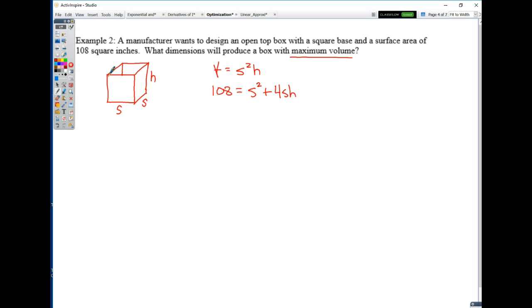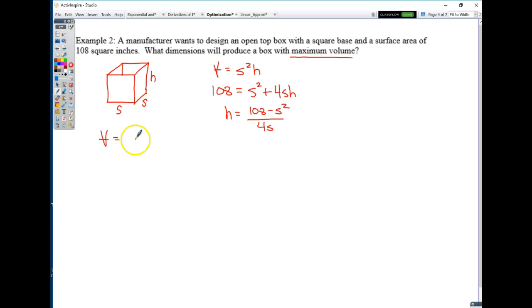But I don't have that, so what is H going to equal? Is it 108 minus S squared over 4S? Groovy. We're ready. We can start doing this problem.